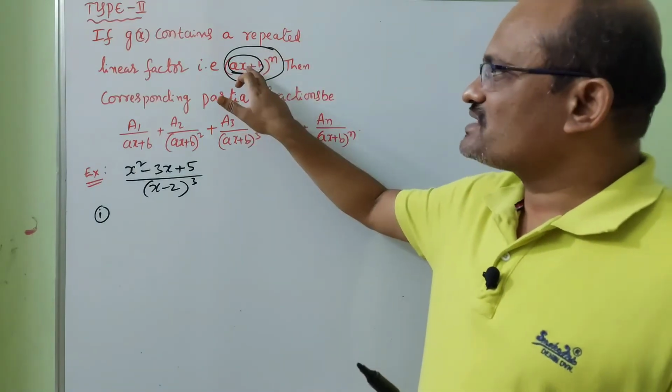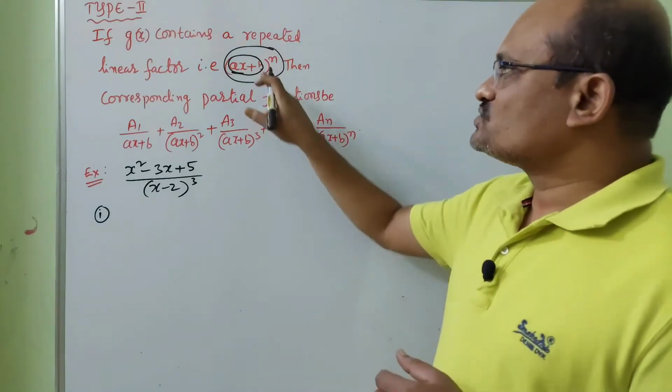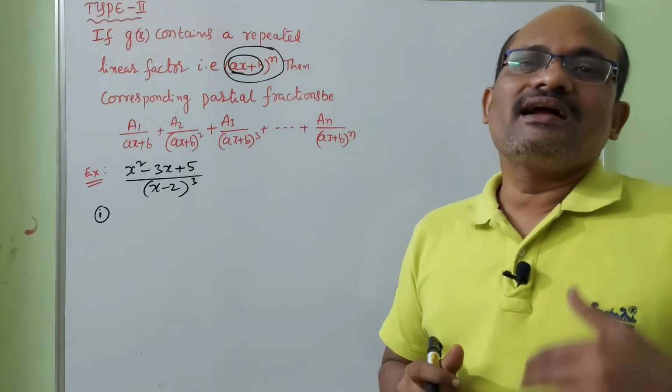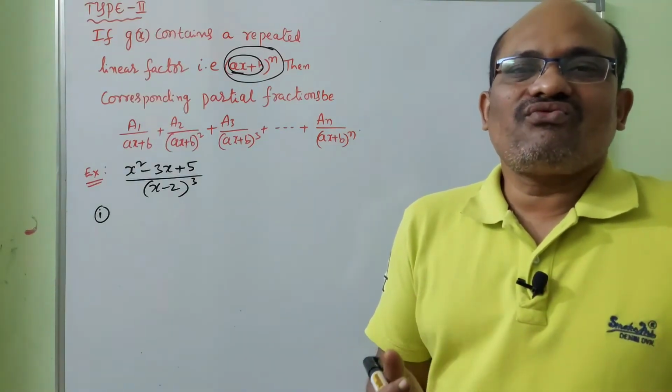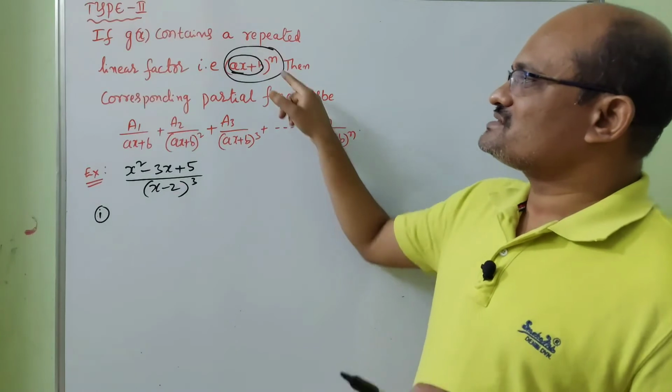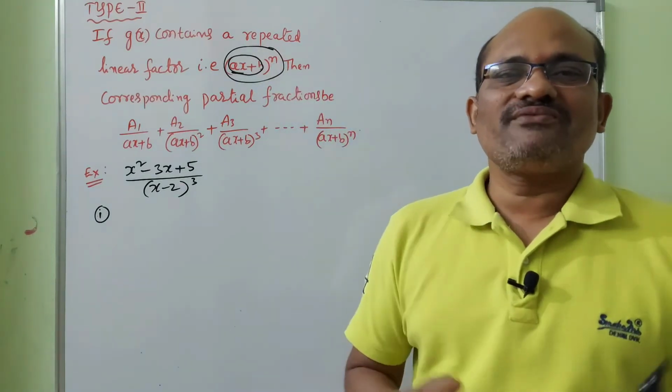That means the first degree factor is repeating how many times? n times. So it is called first degree repeating factor or repeated linear factor.